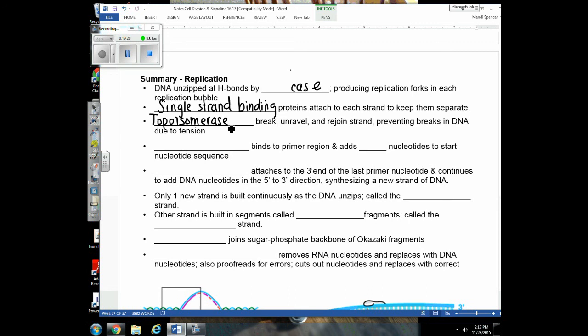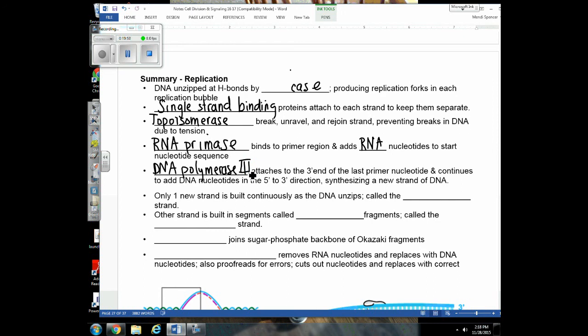We have the primer region being added, and that's added by RNA primase. And again, that primer is built of RNA nucleotides, not DNA nucleotides. But that primer gives a 3' end that DNA polymerase 3 can attach to and continue to elongate that new strand of nucleotides.